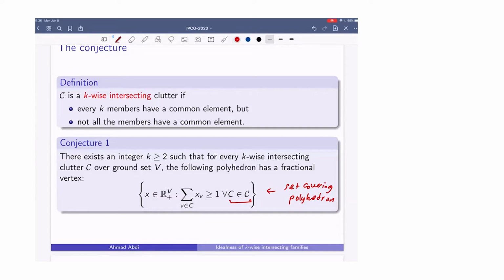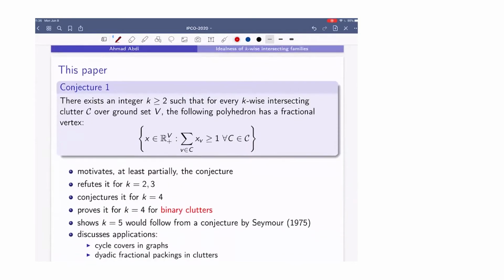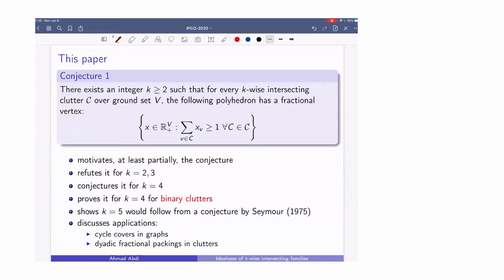All right. So what does this paper do? This paper motivates at least partially the conjecture. There are motivations for this conjecture that we just simply didn't have enough of a space limit to talk about. I'll mention one of the motivations, and in the full journal version of the paper, we'll try to mention all the other motivations for the conjecture.